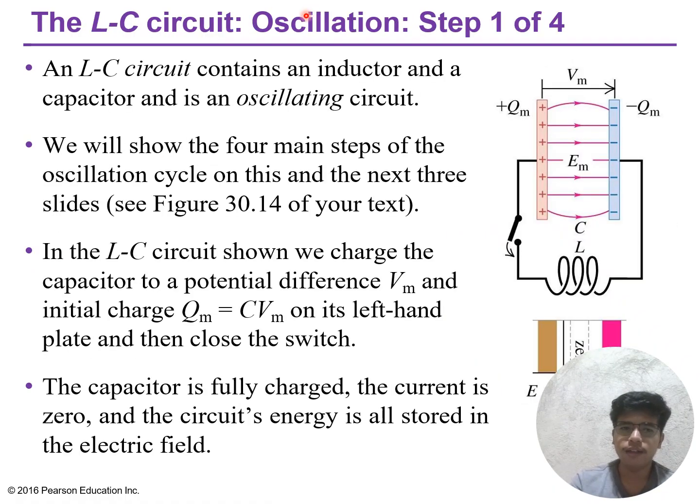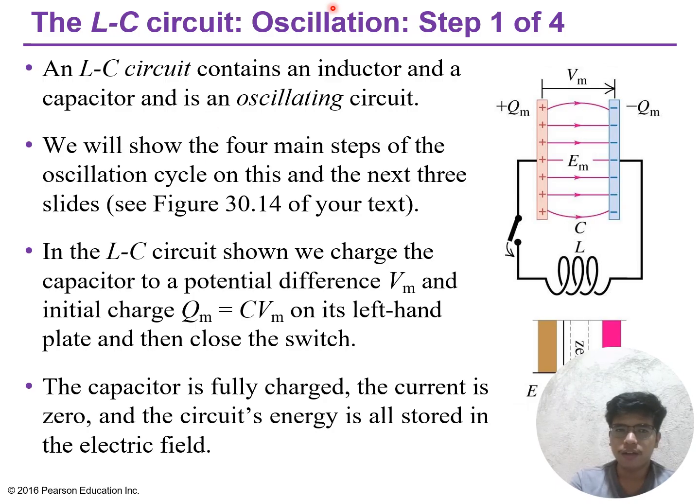Then for the LC circuit oscillation, step 1 out of 4. In step 1, we start the oscillation cycle in an LC circuit. We have an inductor plus a capacitor connected, no resistor.